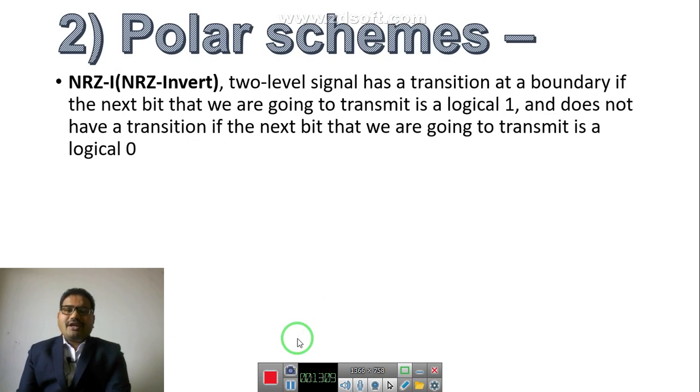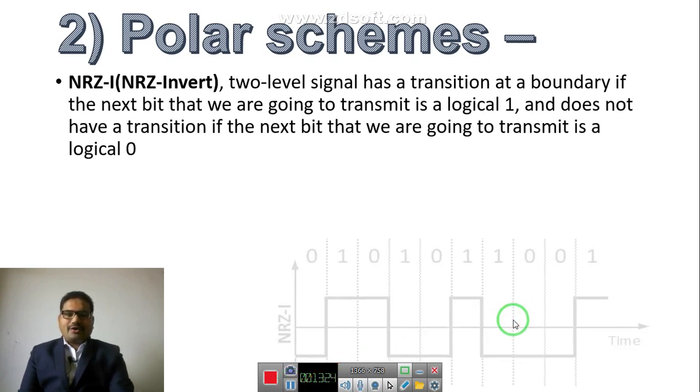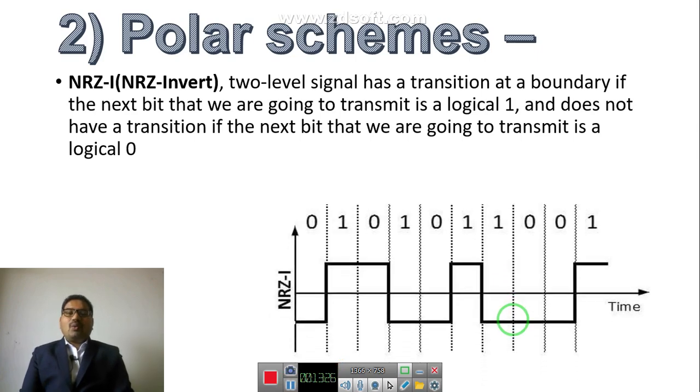Now moving towards the next type in polar scheme, it is called NRZ-I. That is, NRZ-I stands for invert. The two-level signal has a transition at the boundary if the next bit that we are going to transmit is logical 1, and it doesn't have a transition if the next bit that we are going to transmit is logical 0.